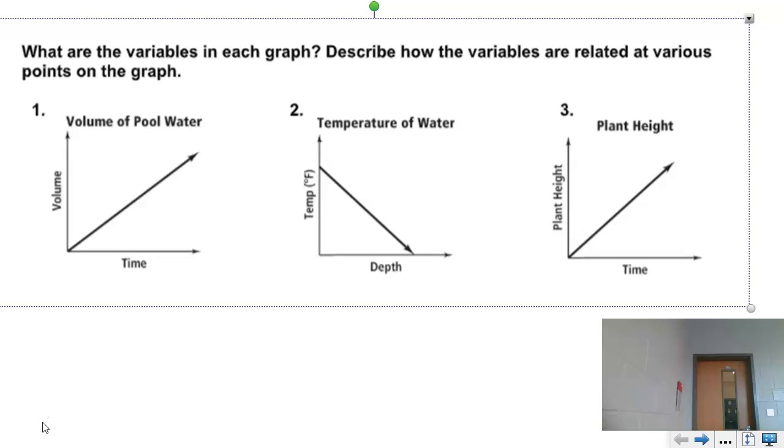So the two variables on my x-axis, I have my independent variable, which is depth, and I have my dependent variable, which is the temperature. So in using the language of independent and dependent variables, as the depth gets higher, or more and more depth, the temperature, so at a low depth, the temperature is pretty high.